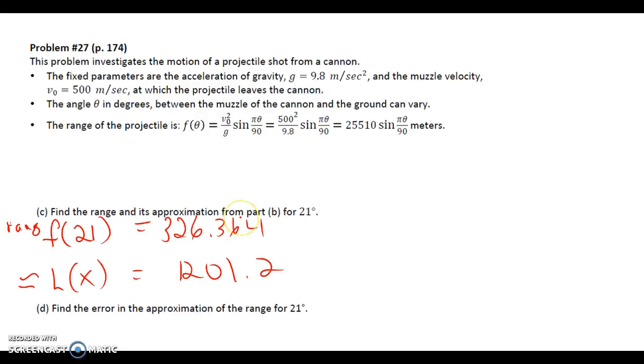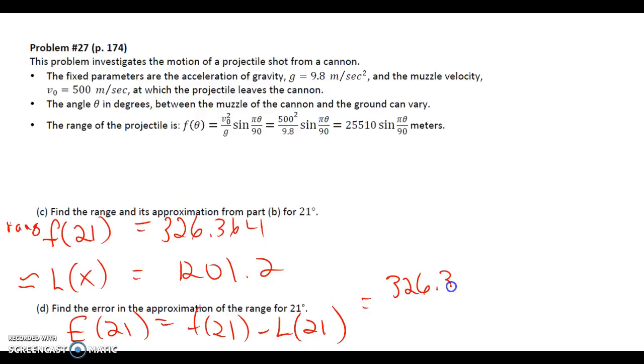But I double checked it. I looked at it a bunch of different ways. So E of 21 here is the function at 21 minus the approximation at 21, right? So it'll be 326.364 minus this 1201.2. And if I calculate that, I get 326.364 minus 1201.2.